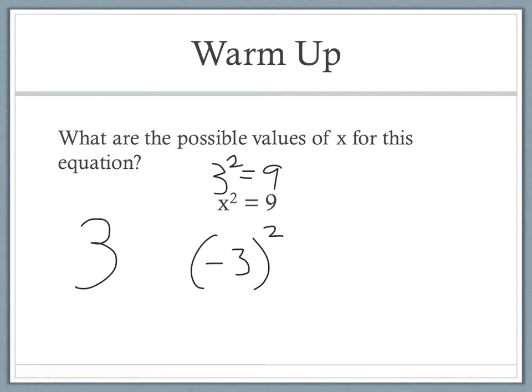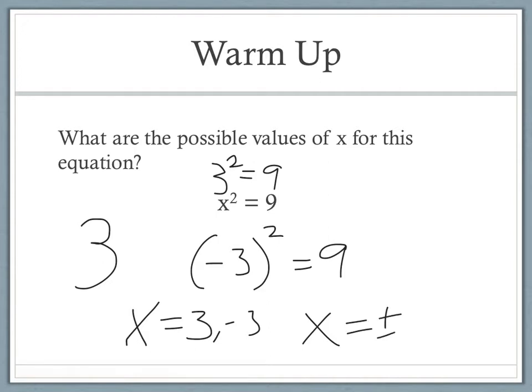Negative 3 squared is negative 3 times negative 3. That also would equal 9. So x could actually be 3 or negative 3. A way that we could write that is x equals positive or negative 3. That's a shortcut of writing both positive and negative 3.